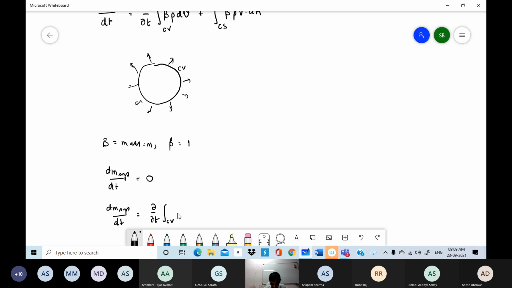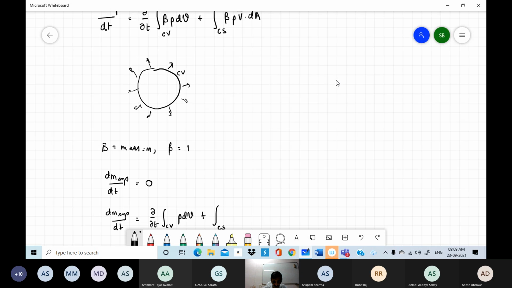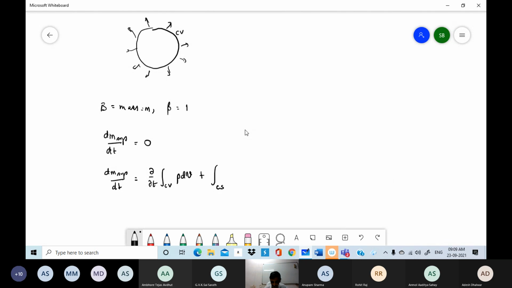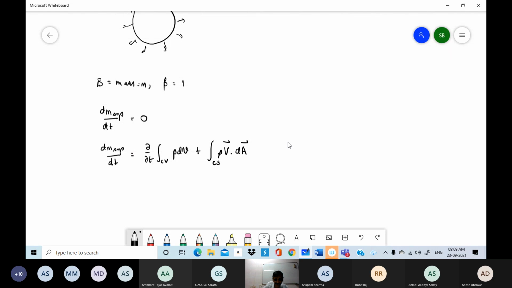Beta is 1, so this is simply this, plus beta rho v dot dA. So beta is 1, so it is rho v dot dA. And since dm system by dt is 0, this must be equal to 0.